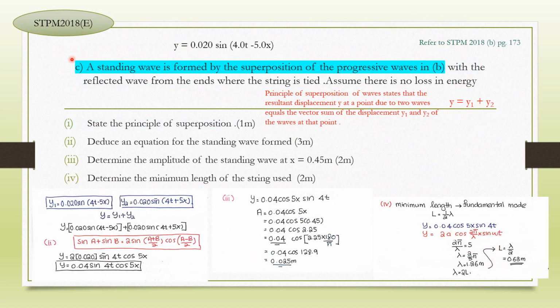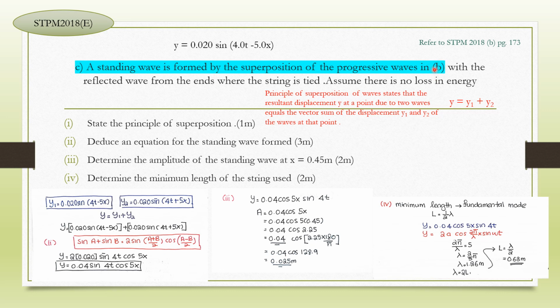Okay. Now STPM 2018 essay question. A standing wave is formed by the superposition of the progressive wave in B. So they have started the whole question with a concept.